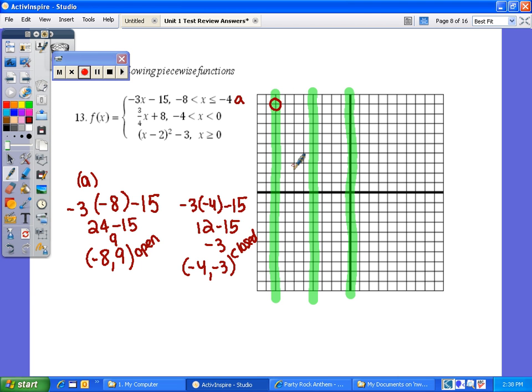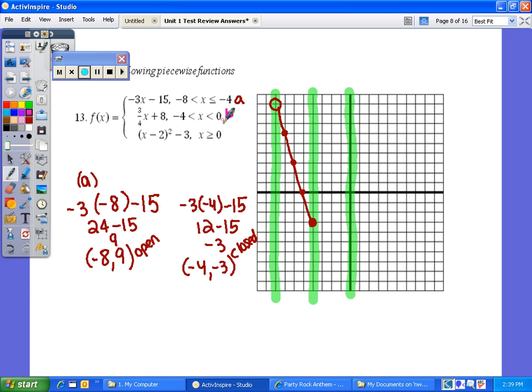And then at -4, -3, I have a closed circle, and then I can just connect the dots. Now I'm just drawing extra dots based on the slope so that it makes it easy for me to connect the dots. If you have a straight edge, you can just connect from that dot to that dot. Alright, that's graph A.